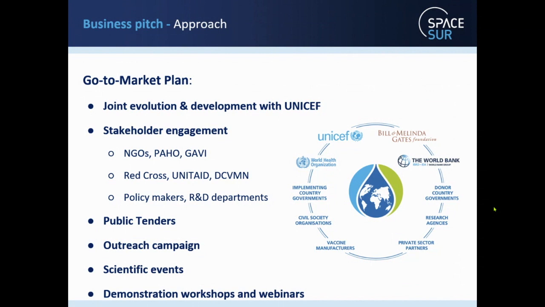And then we are going to engage more stakeholders in the process, like the Red Cross, the PAHO, and we are going to participate in public tenders, outreach campaigns, demonstrations, workshops and webinars.